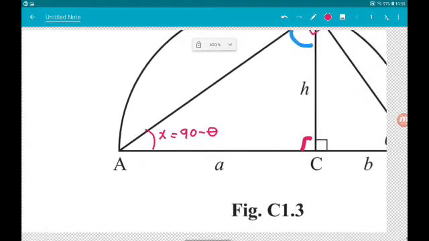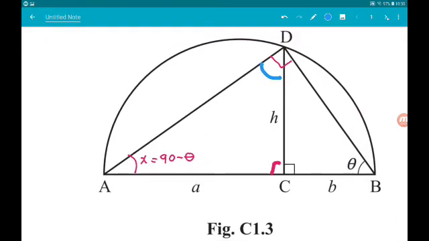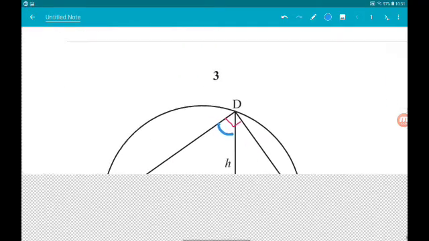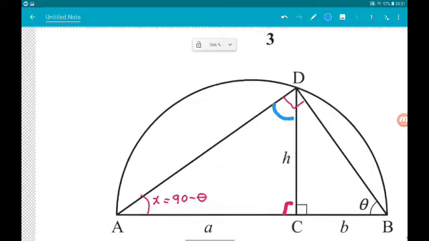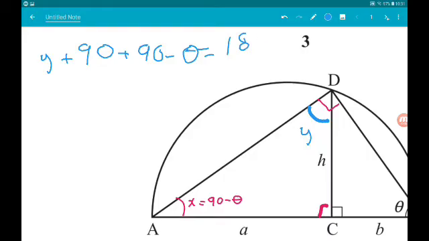So then we know that angle CDA, let's call it y. We then know that y add 90 add 90 minus theta is equal to 180.